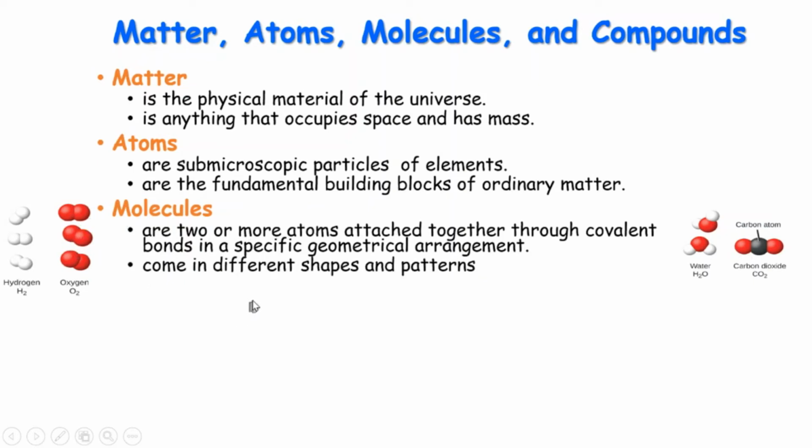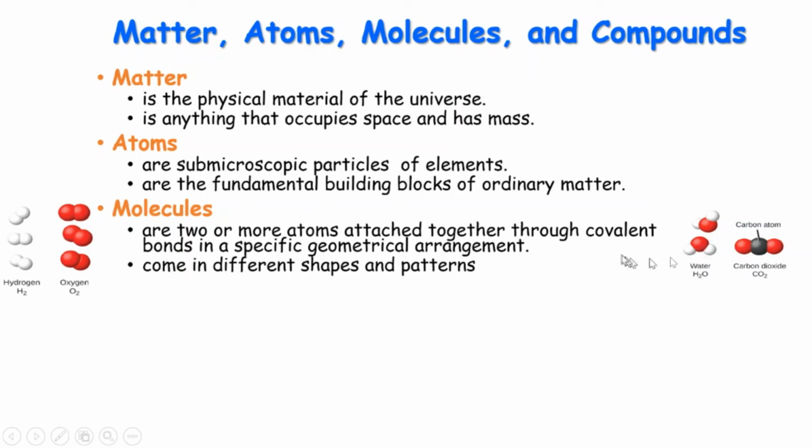Okay, molecules come in different shapes and patterns. Or in other words, the covalent bonds are formed in specific geometrical arrangements, or they have different molecular geometry. You see, those diatomic molecules are linear, and this carbon dioxide is also a linear molecule, while water is not linear.